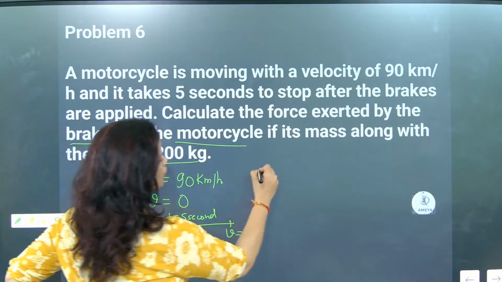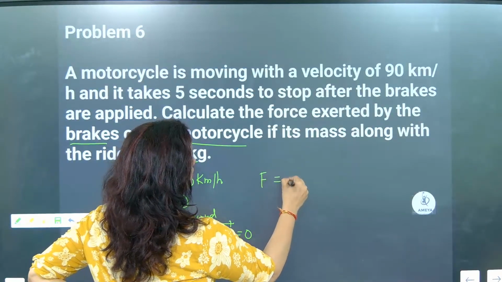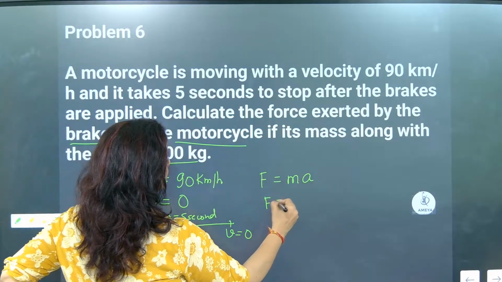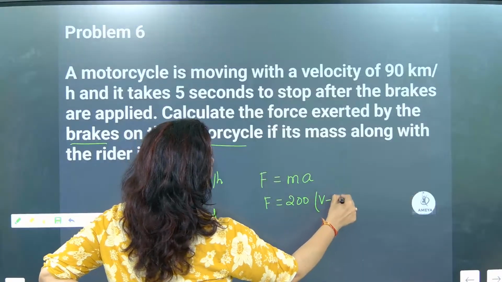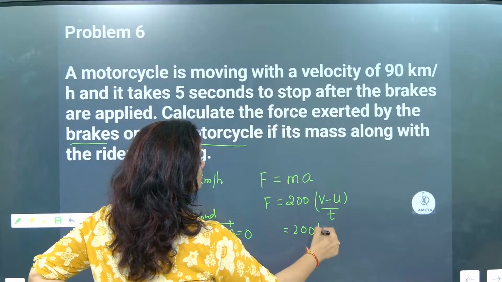Everything is there. We know the force formula. Force is equal to what, beta? Mass into acceleration. Force we don't know. Mass is given as 200. Acceleration can be written as v minus u by t. Our final velocity is 0.